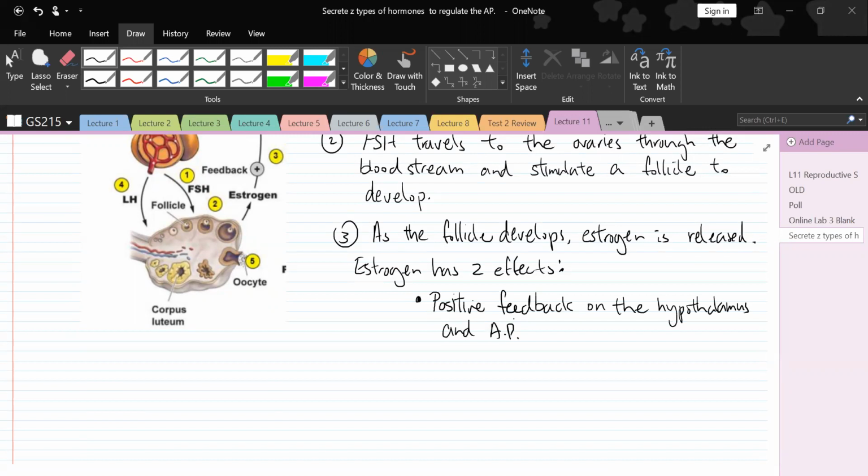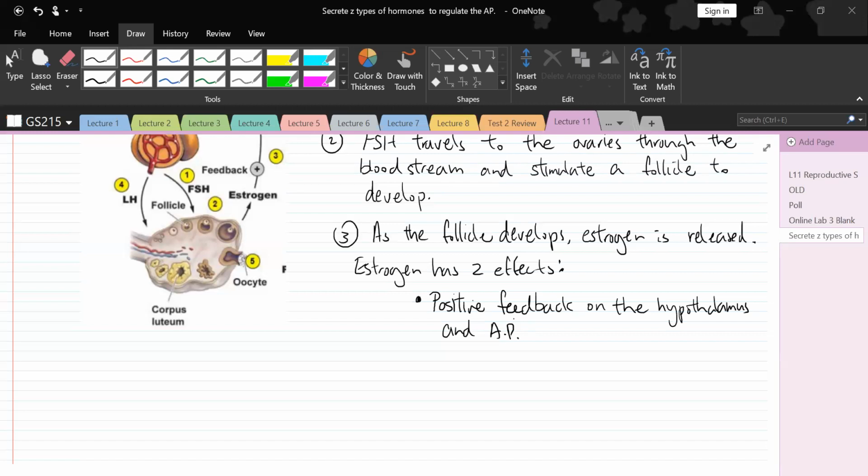So let me give you an example of negative feedback first. Negative feedback is the more common mechanism in the body. It is like a thermostat. We want to maintain 37 degrees body temperature. When it gets too hot, a negative feedback mechanism turns the temperature back down.